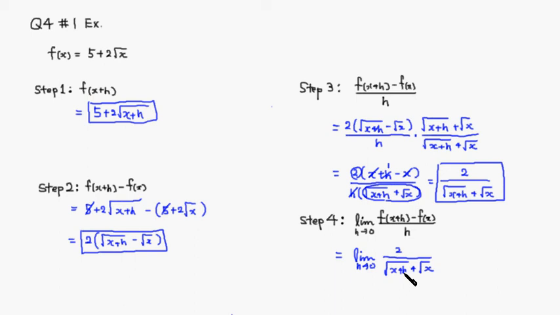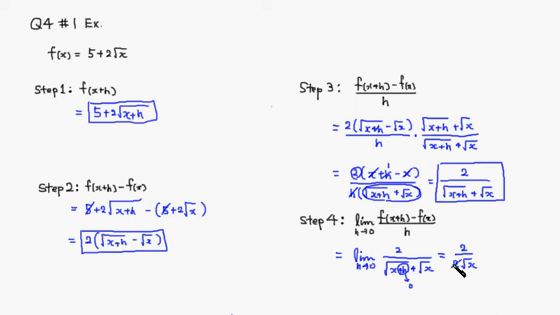Right, so h goes to 0, you have 2 on top, and you basically have square root of x plus square root of x, which is 2 square root of x.